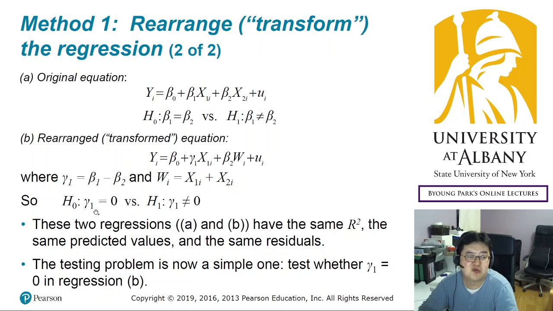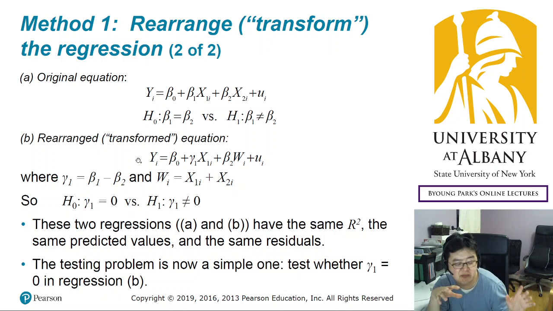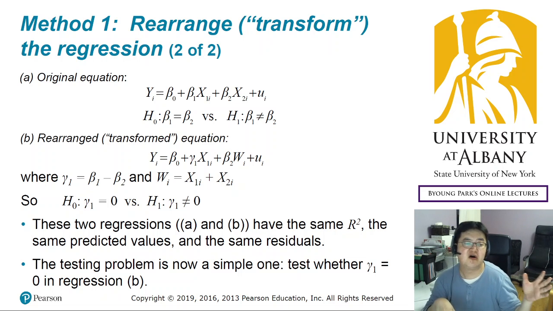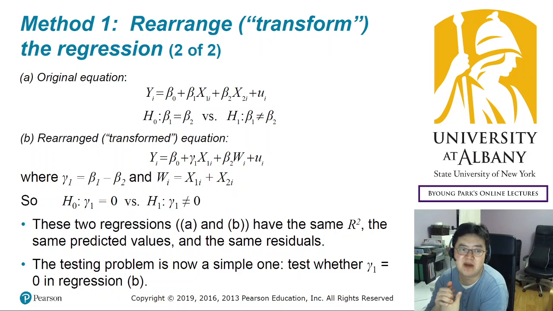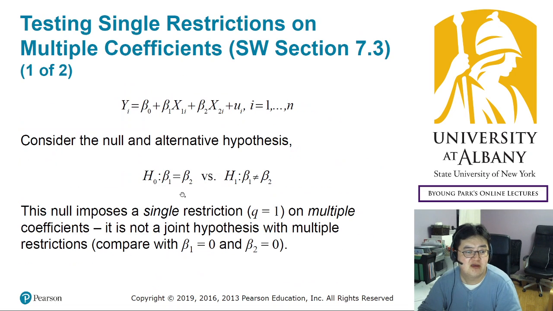This kind of method was not possible before when the hypothesis included two equalities. Making a hypothesis about two or more coefficients into an equivalent hypothesis about one coefficient was not possible, because two equalities cannot be summarized into one by simple linear combinations.